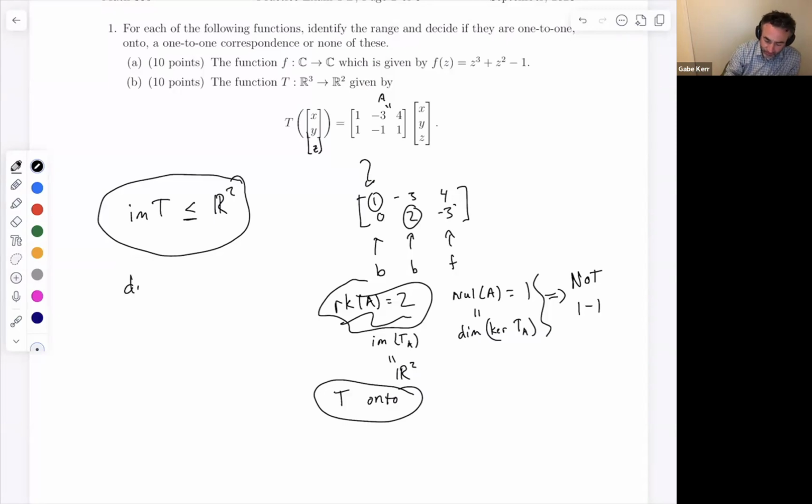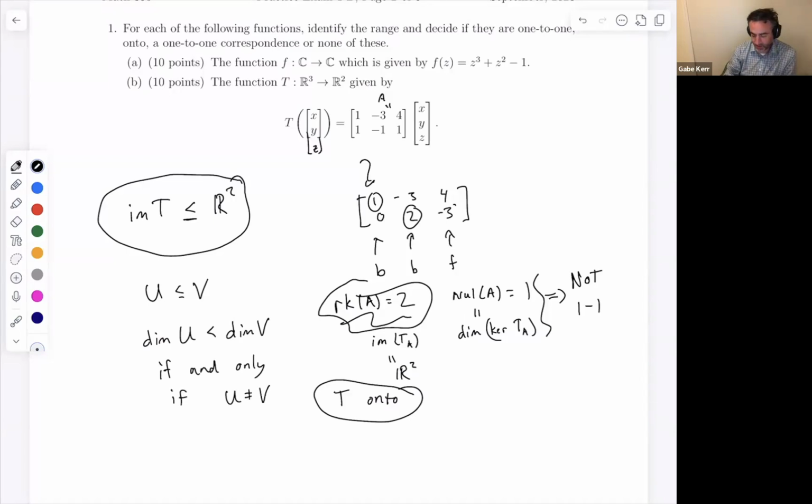In the book there should be some statement, some lemma I believe, that says that if I have a subspace U of V, then the dimension of U is less than the dimension of V if and only if U is not equal to V. In other words, you can ask if a subspace is the whole thing by checking the dimension.